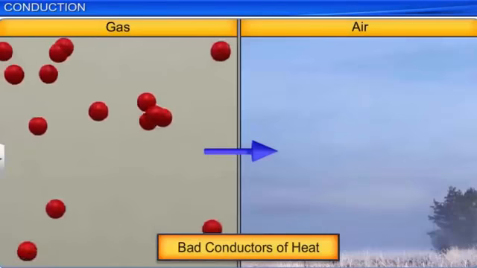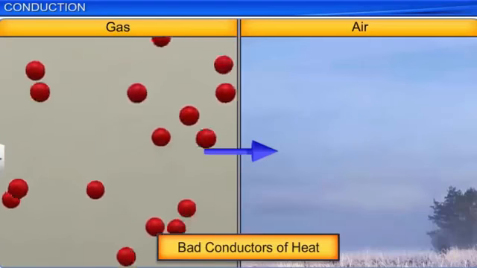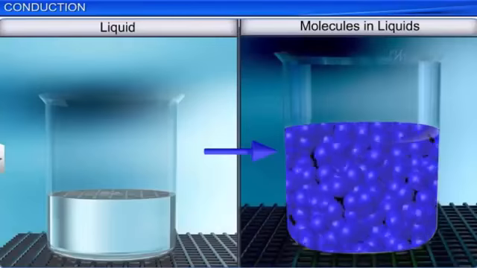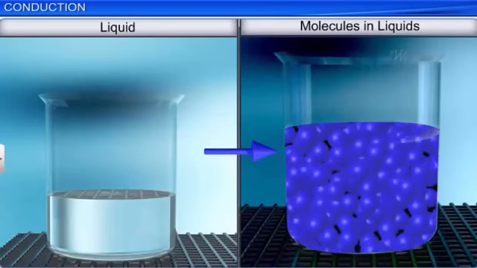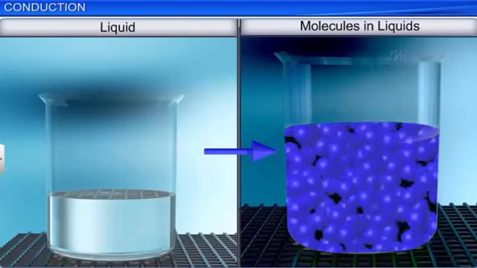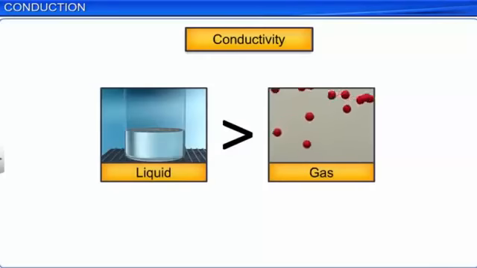Therefore, gases are very bad conductors of heat. In the case of liquids, the intermolecular space is more than in solids and less than in gases. Therefore, the conductivity of liquids is greater than that of gases, but less than that of solids.